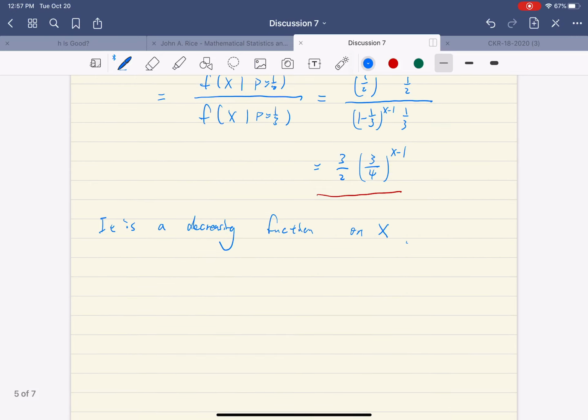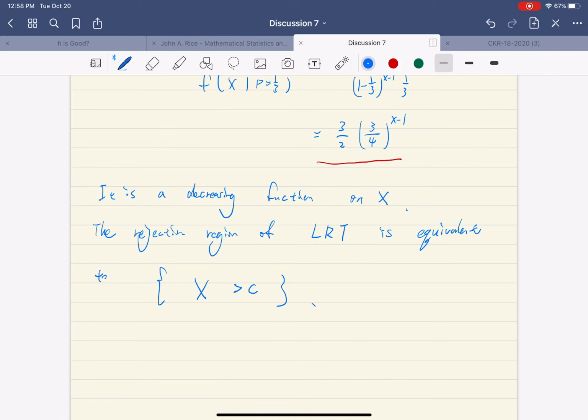So that means the rejection region of the likelihood ratio test is equivalent to this: x greater than c.